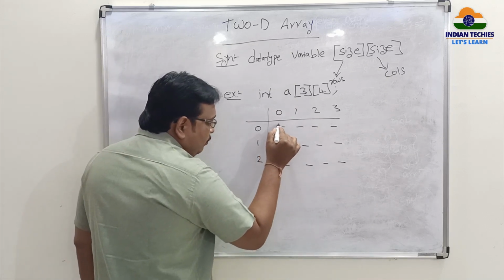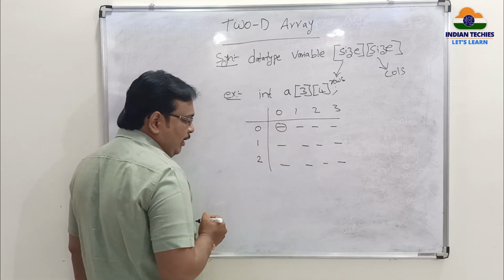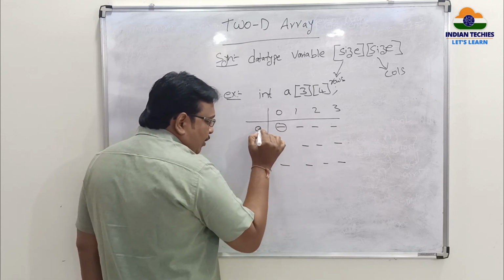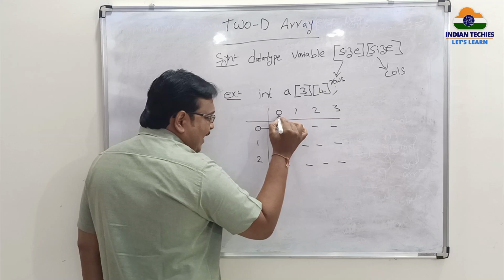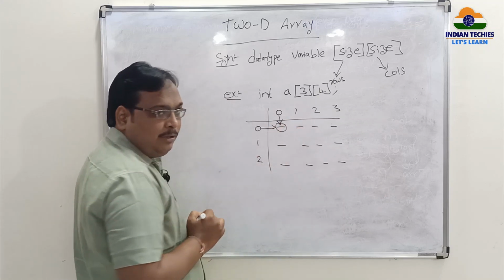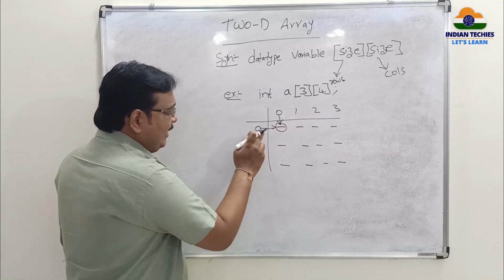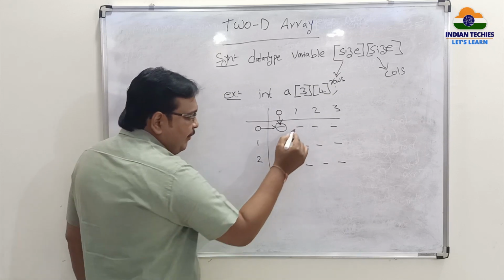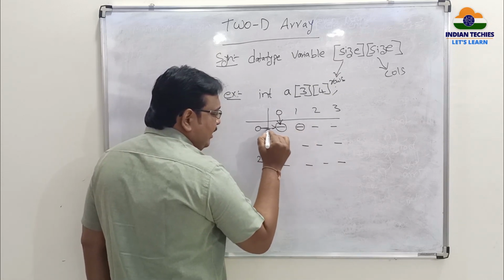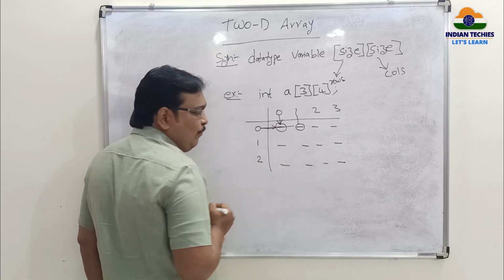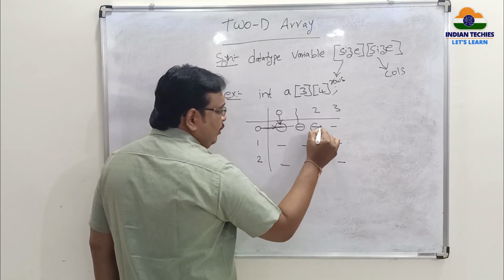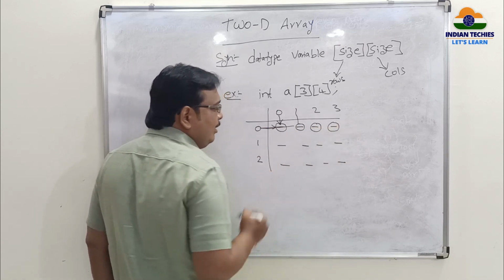Now, the first variable is a combination of the 0th row and 0th column, so it is at position 0 0. Then this one is at the 0th row and first column, this is the 0th row and second column, and the 0th row and third column.